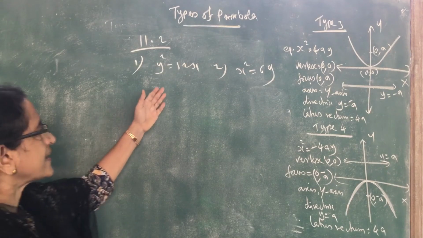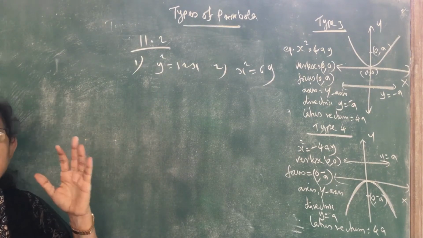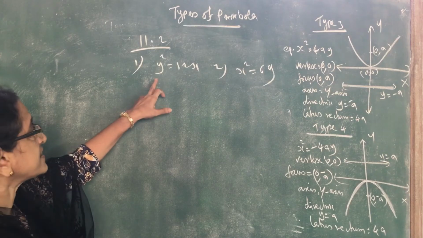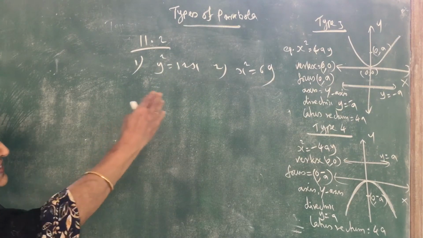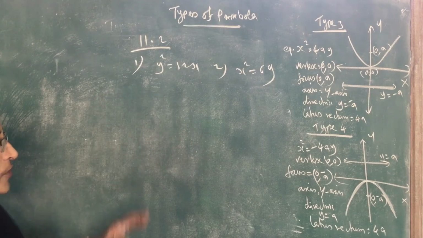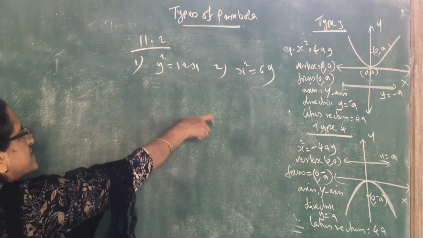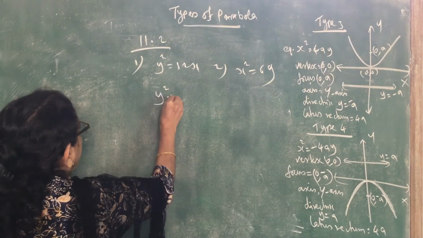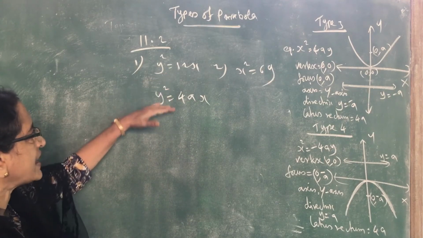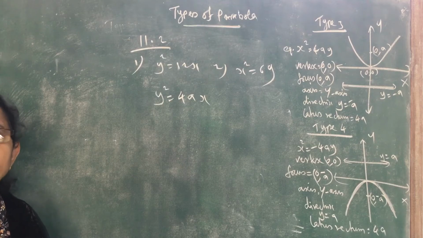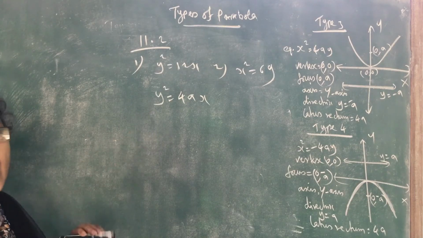When you get the equation, first compare and remember which type of parabola it is. This is in the form y square equal to 12x. In the four standard forms, which form is this equation? It is in the form y square equal to 4ax, the first type of parabola.